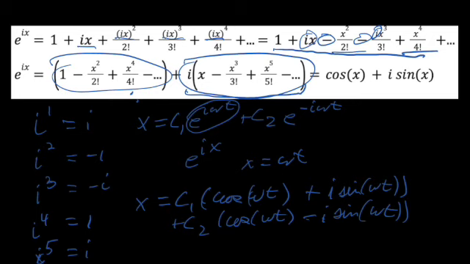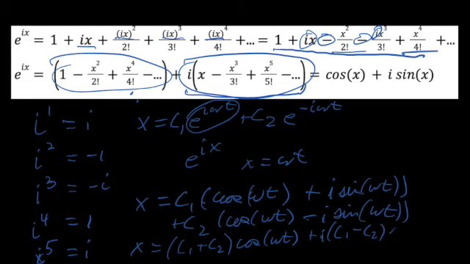And then when we simplify it, we get that x equals a combination of constants, which is just equal to another constant, times cosine of omega t, plus i times a constant minus a constant, times sine omega t.